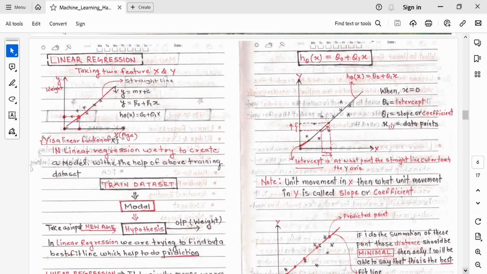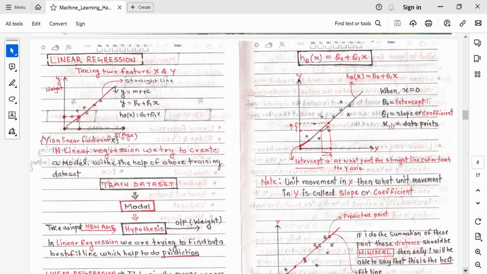This is the formula of the straight line we are going to discuss here. From these figures, y is a linear function of x.